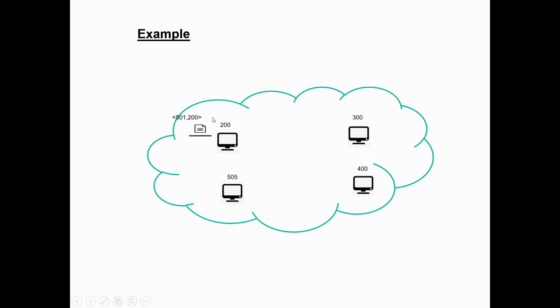And now the question is where to store this hash key value pair. So the rule is the node whose ID is equal or close to the key is going to store this hash key value pair. Among the 4 nodes, it is 505 whose ID is closest to this key value. So the hash key value pair will be stored in this particular node.